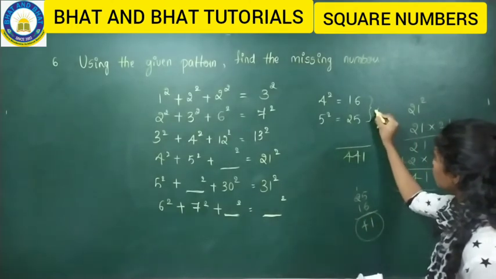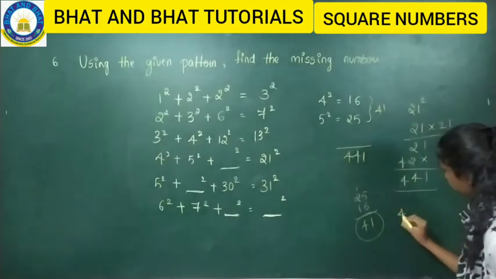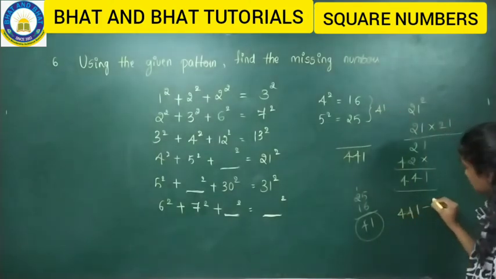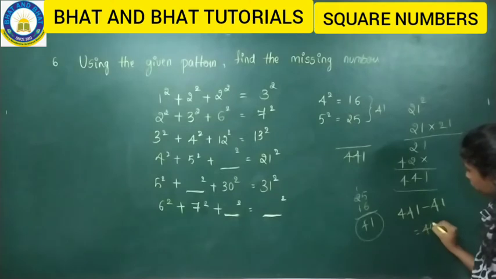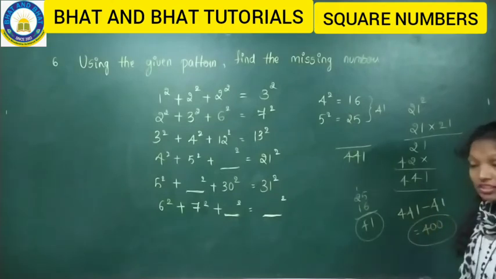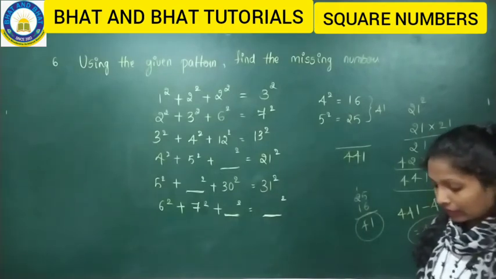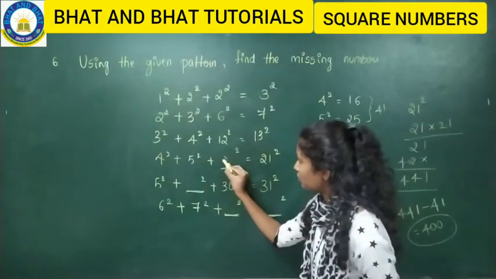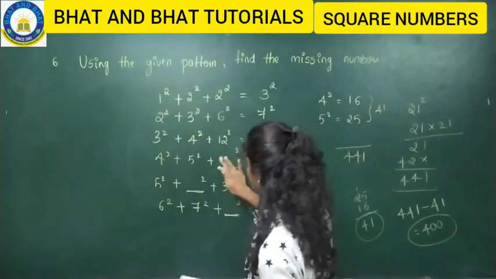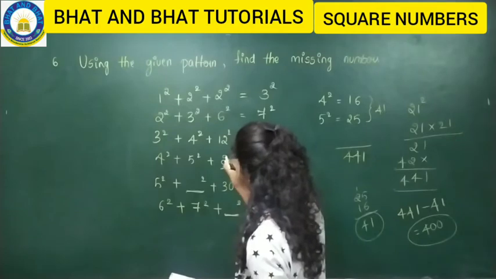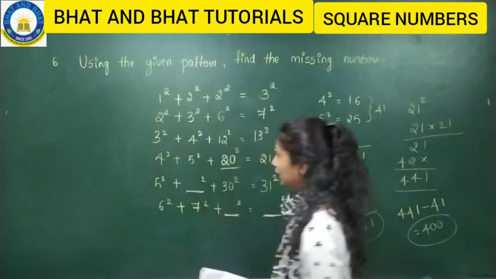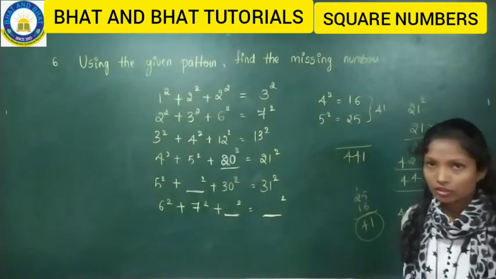By adding these two, you got 41. So 441 minus 41, which gives you 400. 400 is the square of what? 20, correct? So here your answer will be 20. 20 is your answer. Got this?